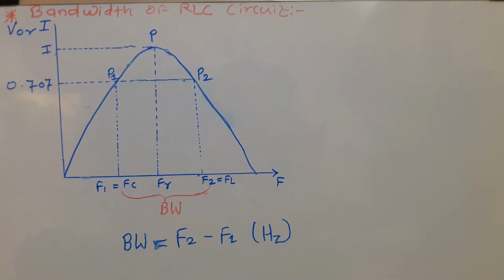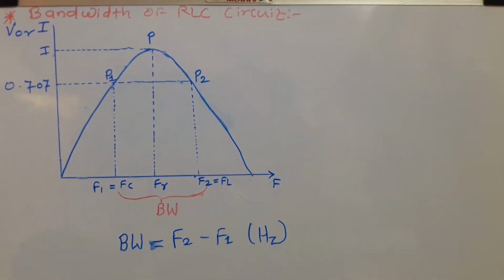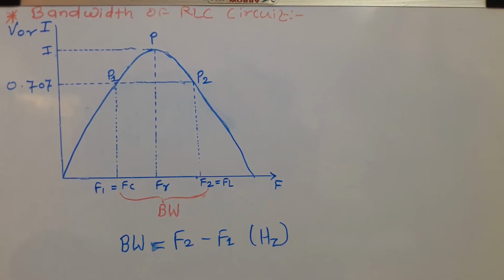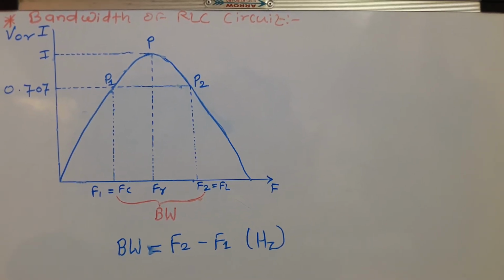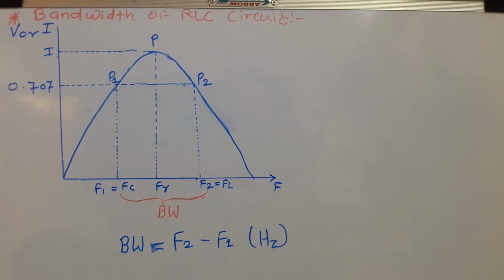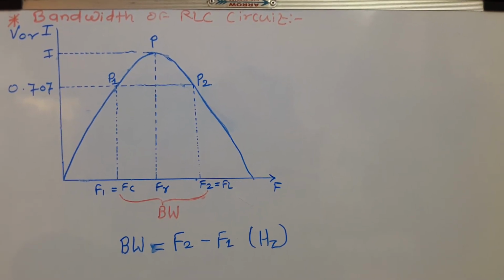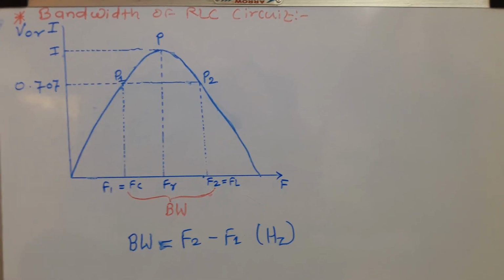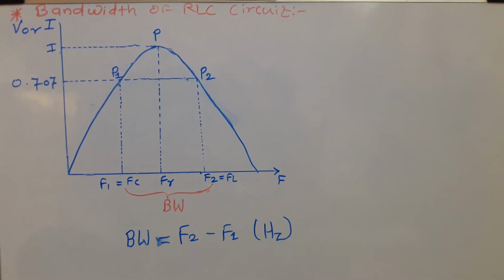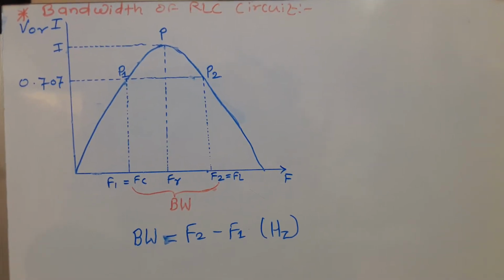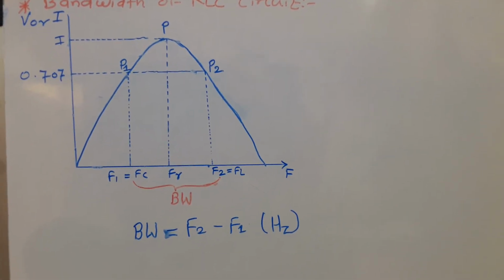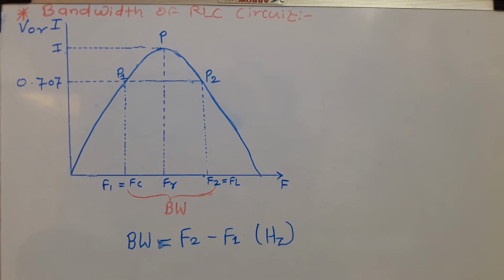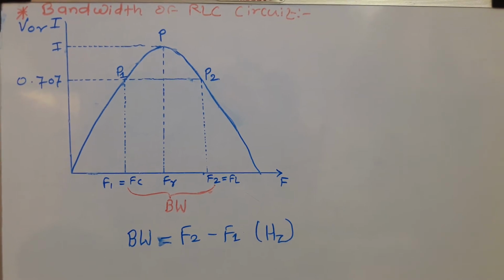Now let us derive the expression for bandwidth. If the current at P1 is 0.707 I max, the impedance of the circuit at this point is √2 times R. We know at resonance impedance Z is equal to R. So at lower and upper cutoff frequencies, that is F1 and F2, current is reduced by √2 times.